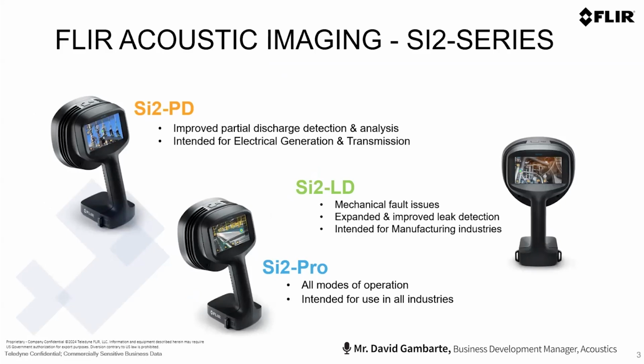Naturally, we have software tools to support the inspections done with the camera. Then we also have the SI2-LD, a camera that looks at mechanical fault issues and leak detection for compressors, different gases, and also steam.